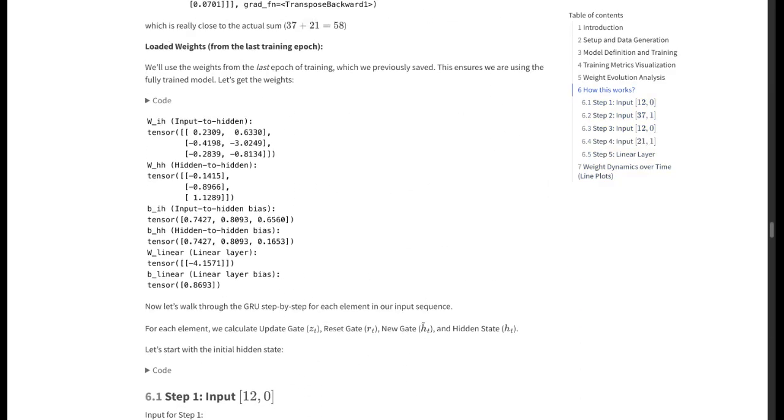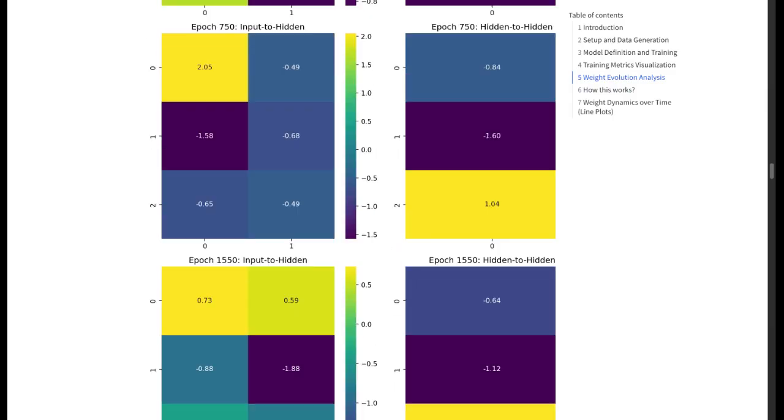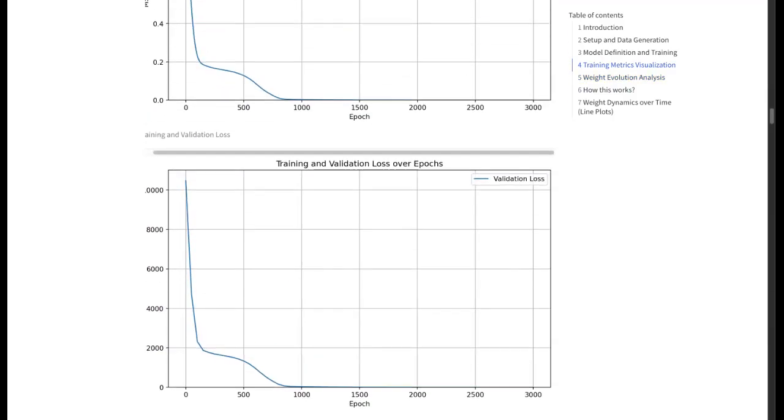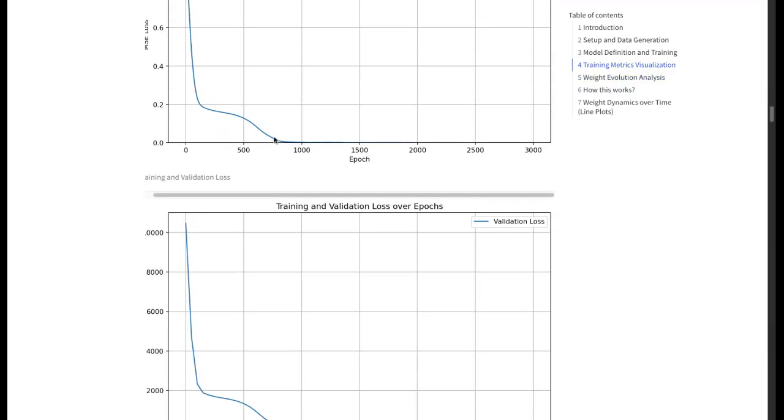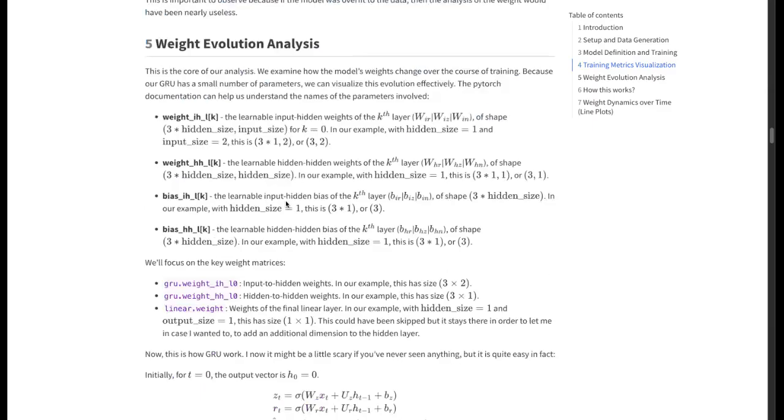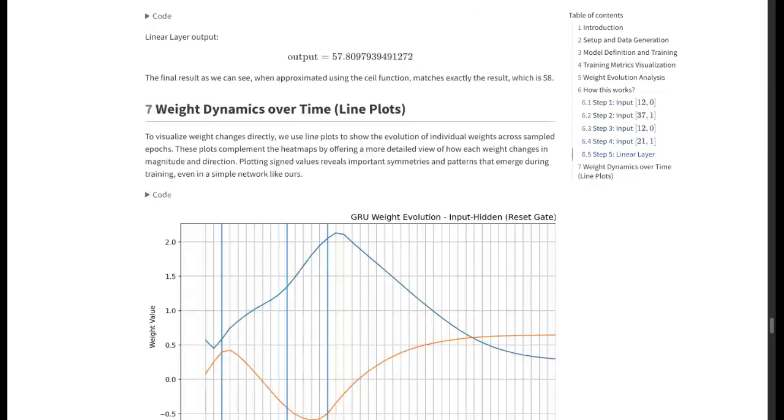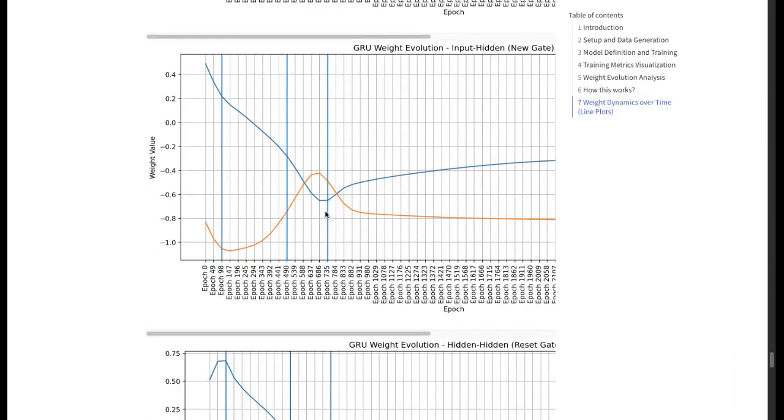And again, let's see the training loss of epoch 750, which is here. So this is where this happens. So it's really nice to see this.